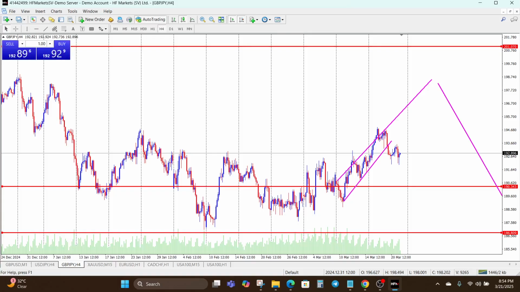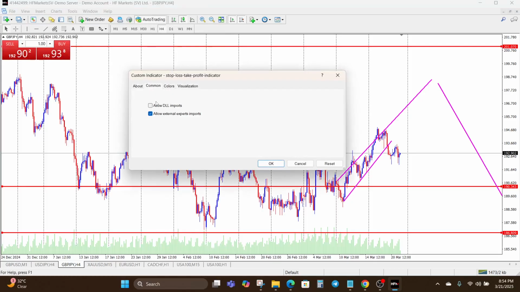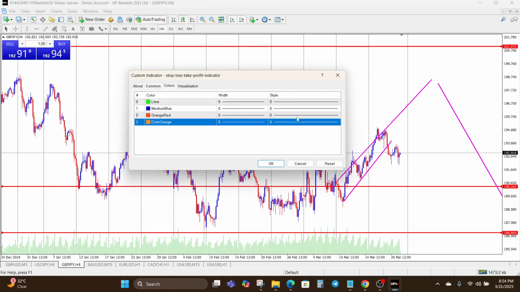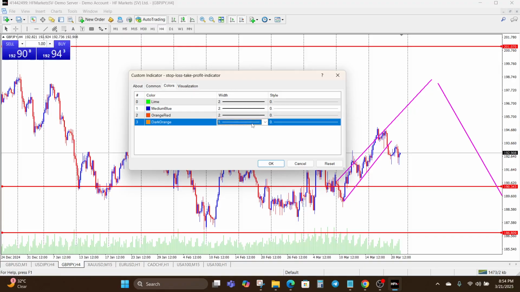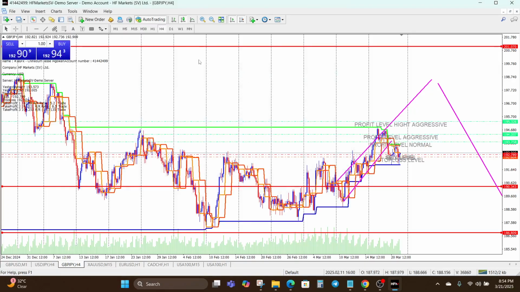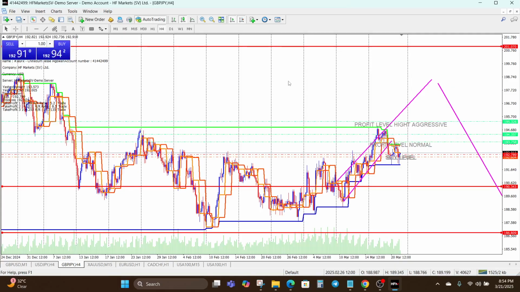What is the solution? A precise strategy that balances risk and reward. And that's exactly what the stop loss and take profit indicator does. So I'm going to add the indicator to the chart right away. The stop loss take profit indicator. Okay. Now, this indicator analyzes the market and identifies the trend direction.